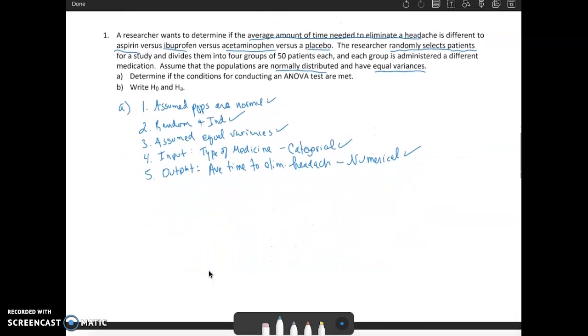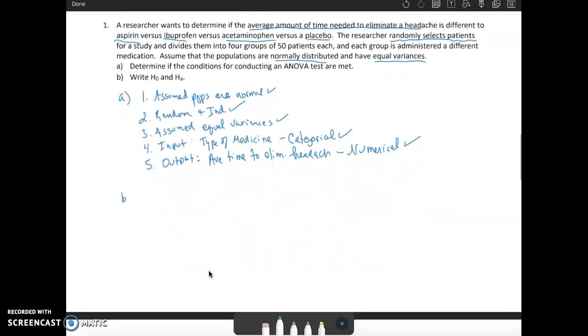So part B then says, go ahead and write your null and your alternate hypotheses. So remember, you can write your null hypotheses 2 different ways, and you can write your alternate hypotheses 2 different ways. So let's practice both of them. The first way to write your null is to say that there is no association between this categorical and numerical variable.